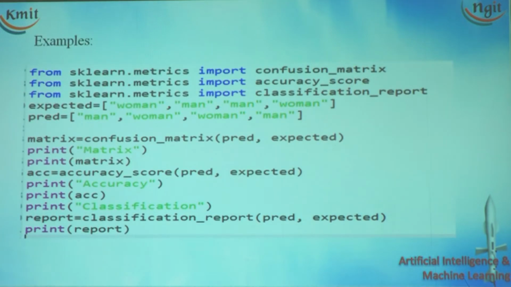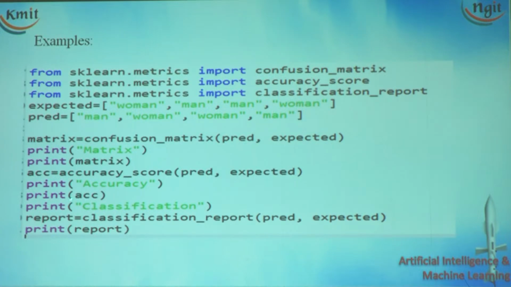So for that, all these are given for the confusion matrix. We need not calculate all of them, we have the predefined methods.